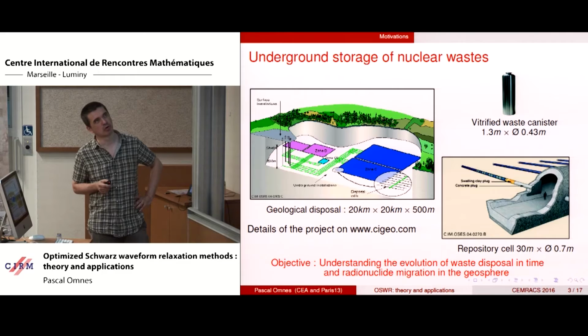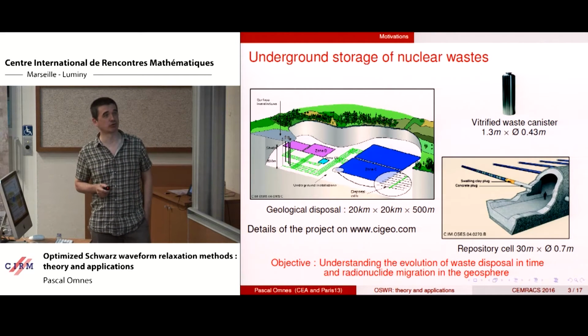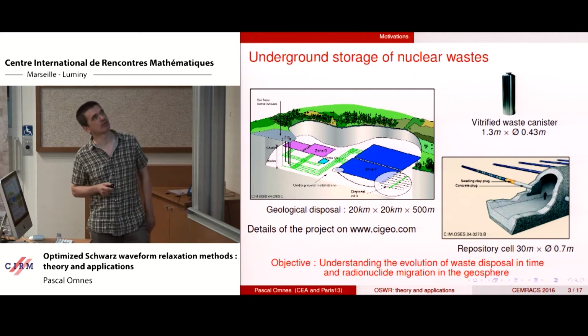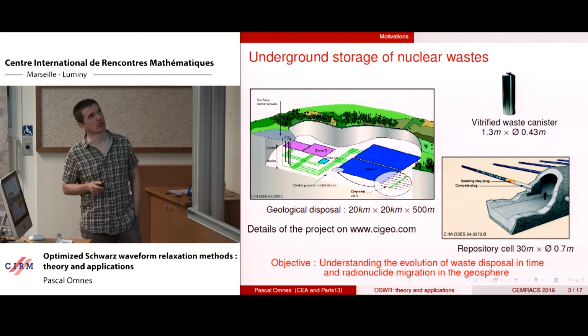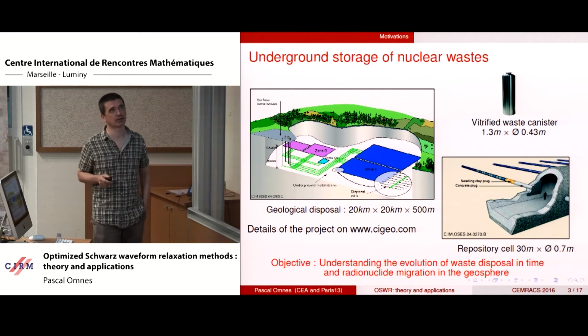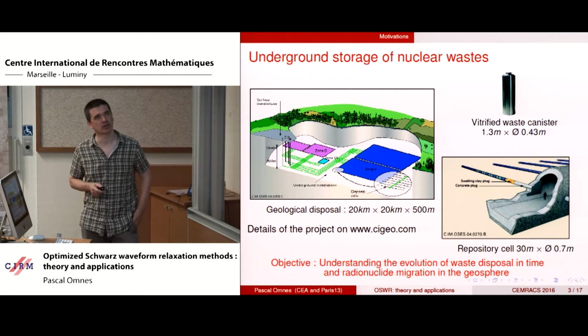You have a number of these waste canisters put all together, and you have a clay plug here to avoid escape of the radionuclide waste. And all this is put around 500 meters deep in the underground. The typical length scale here is 1 kilometer, let's say, and the smallest scale is around 1 meter. So you have very different scales in length.